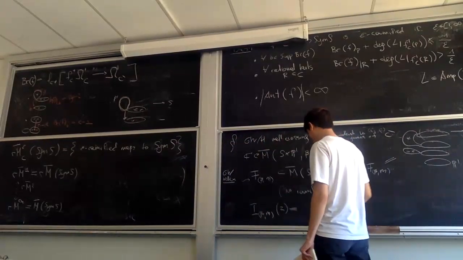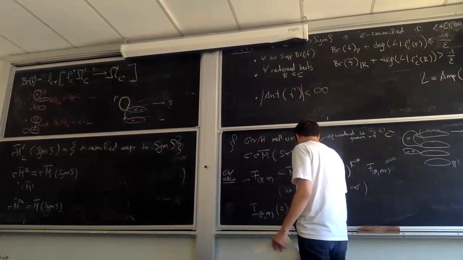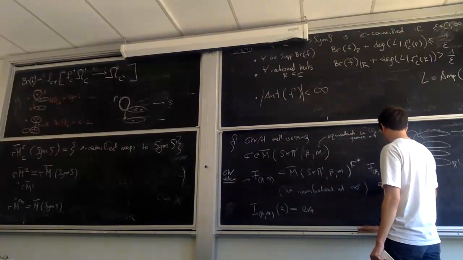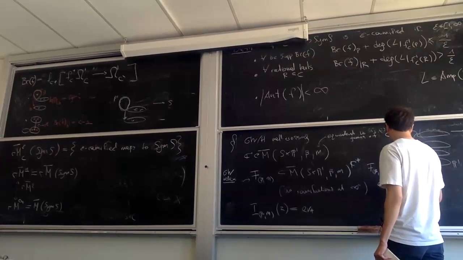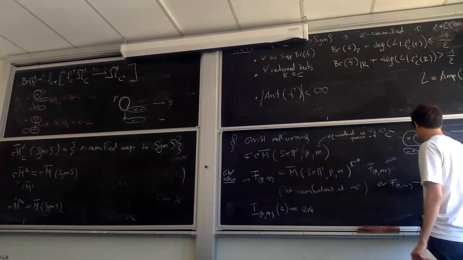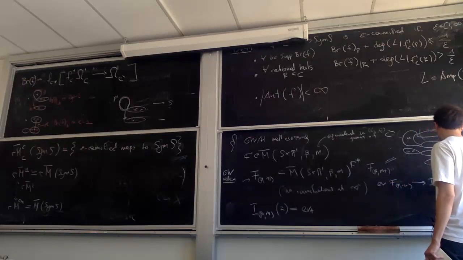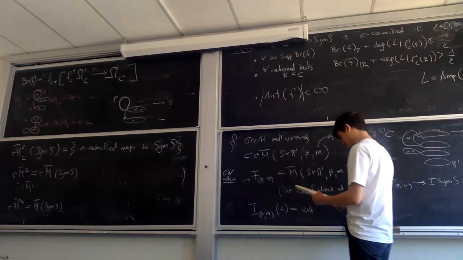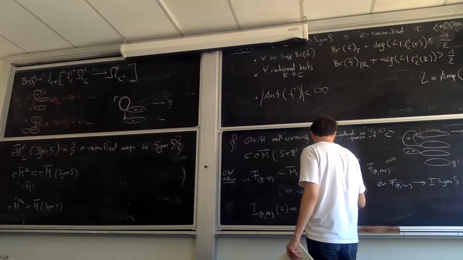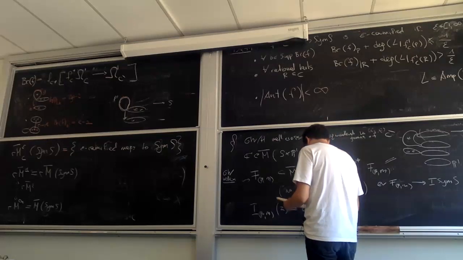And so what is this? It's again just evaluation. You have an evaluation map that sends to the inertia stack. And so you push forward, as before, the virtual fundamental class over the normal bundle.